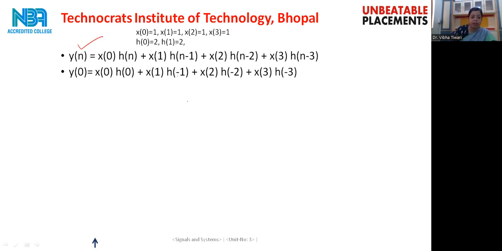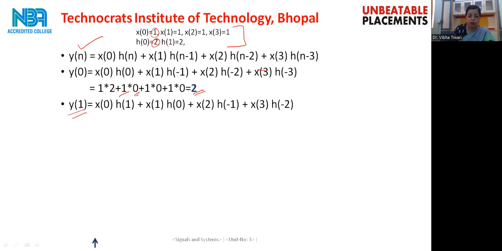Now we substitute the values of x and h from what we have written: x[0] = 1, h[0] = 2, x[1] = 1, h[minus 1] = 0. Substituting the various values, we get 1 into 2 plus 1 into 0 plus 1 into 0 plus 1 into 0. So we get the result equal to 2.